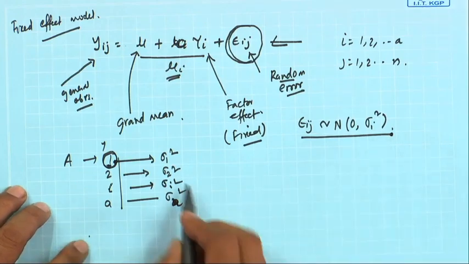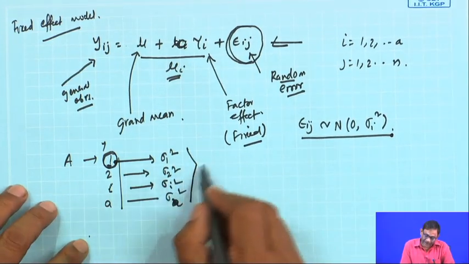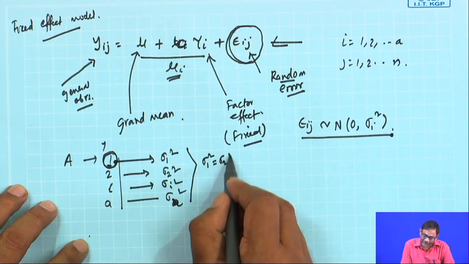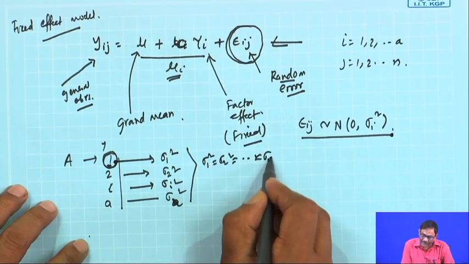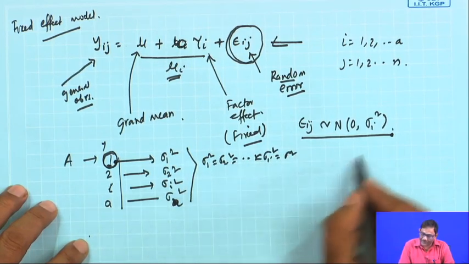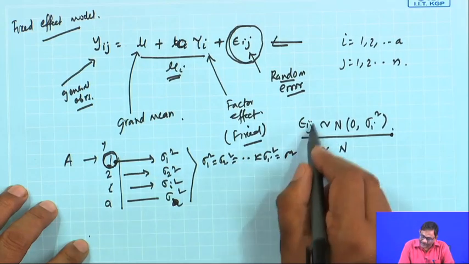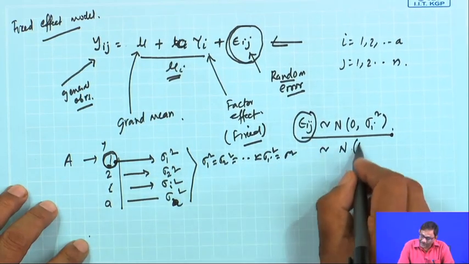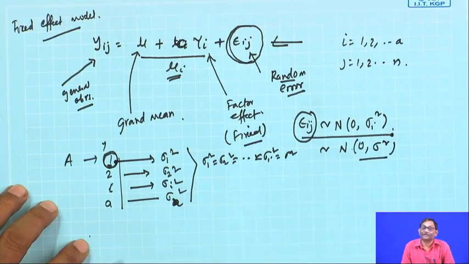Okay. Suppose we make one kind of assumption here, that sigma 1 squared equals sigma 2 squared equals sigma i squared equals sigma squared. Then we can write that epsilon i j is normal with 0 mean and sigma squared variance.